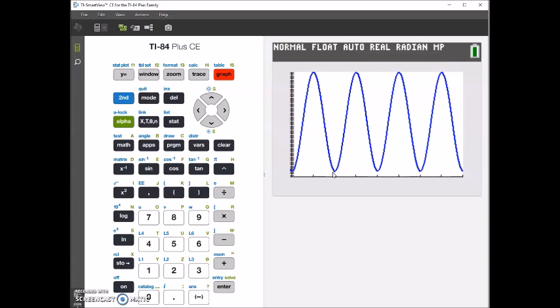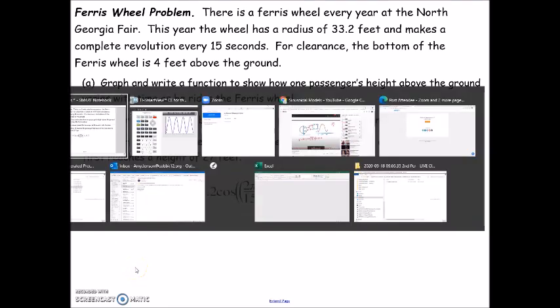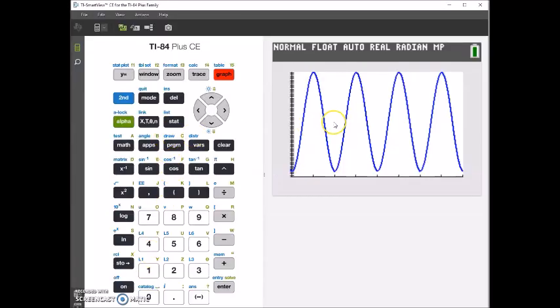One of the questions I was asked next wants me to figure out how far above the ground the passenger is 52 seconds into the ride. So I'm looking for my y value when x is 52 seconds. There's a couple ways you can do this.